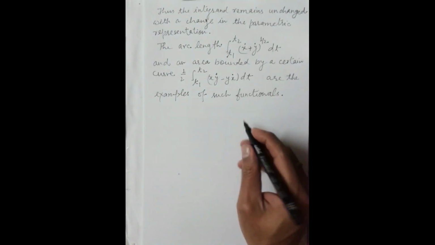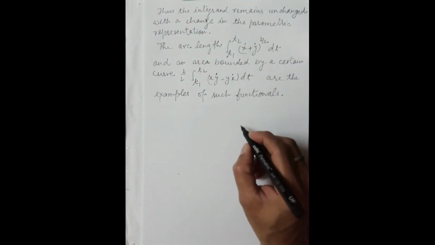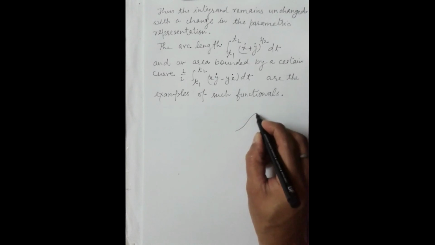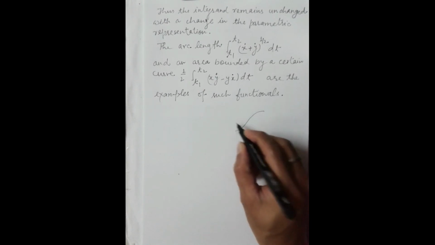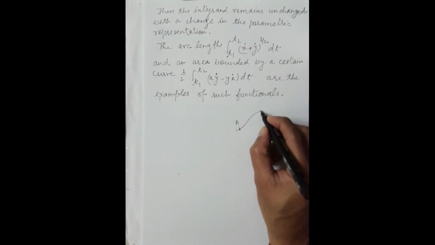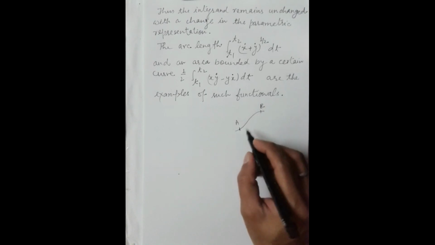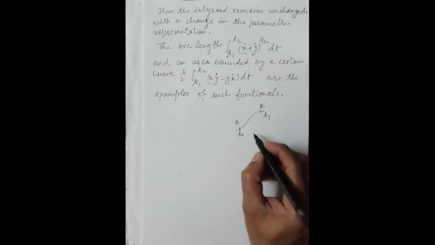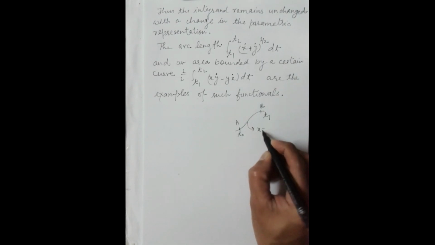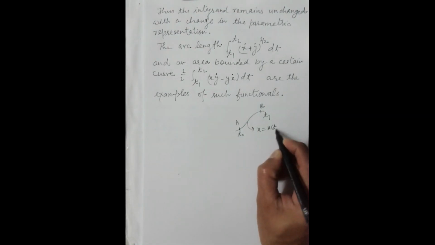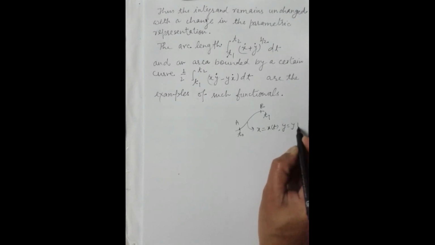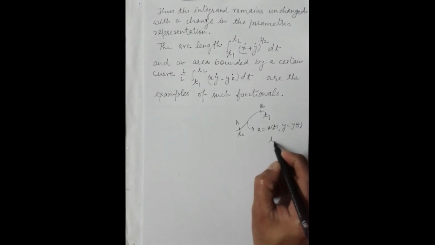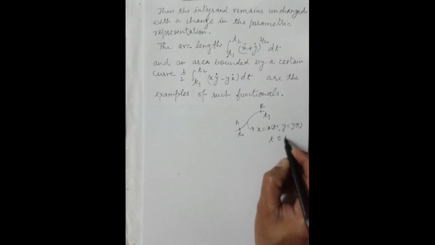Here we see that this is point A, point B, T naught, T1. This curve is x equal to x(t), y equal to y(t), t naught less than or equal to t less than or equal to t1.